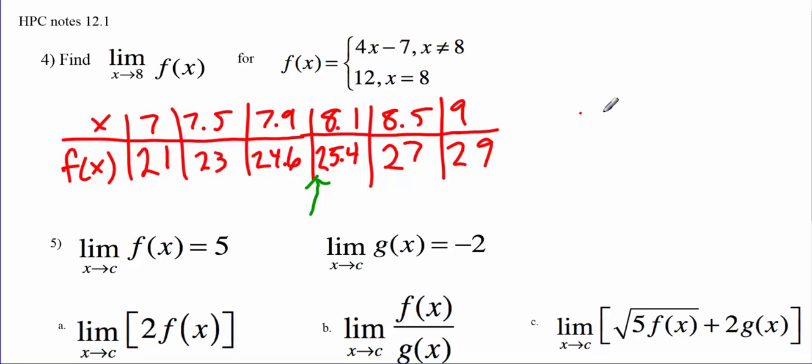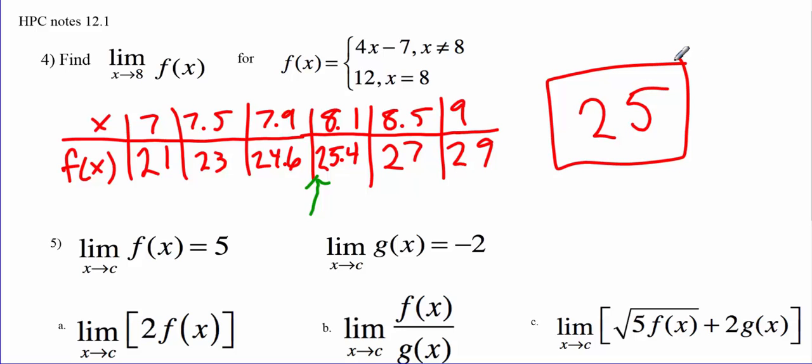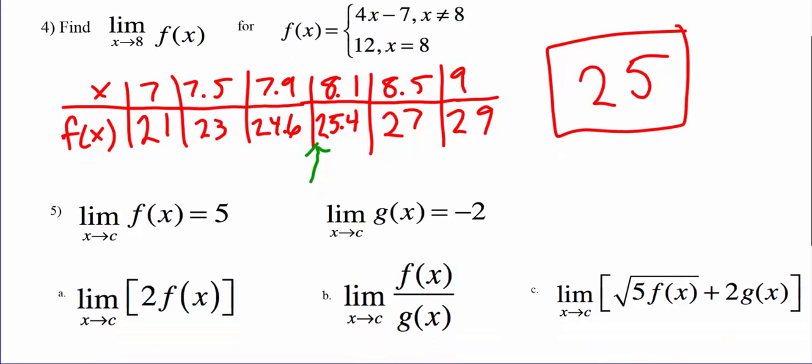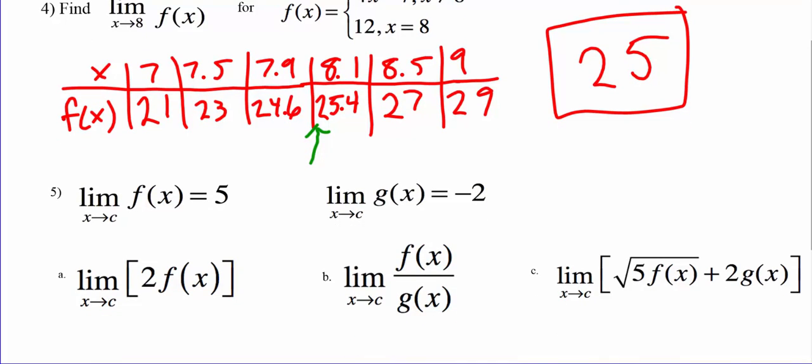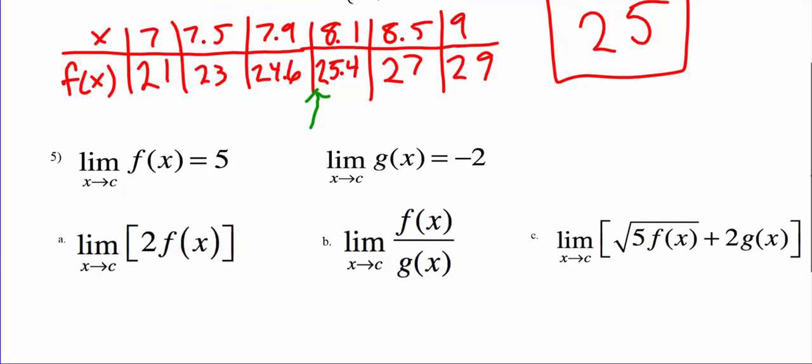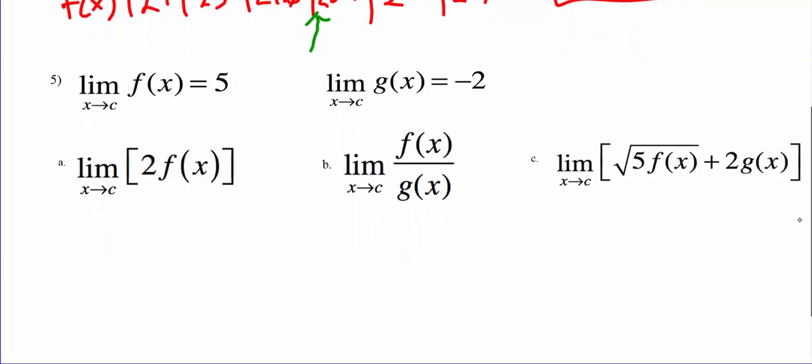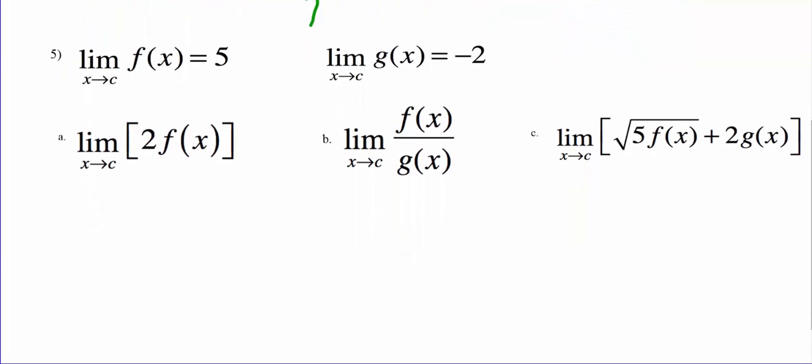Now, that is, in fact, the limit as x approaches 8 for that function. Now, as you know, if we actually asked you to evaluate f of 8, your answer would be 12. That's a different answer. The limit means the graph is approaching that point from both sides, so even though it kind of jumps down to 12 momentarily, the limit is not affected.